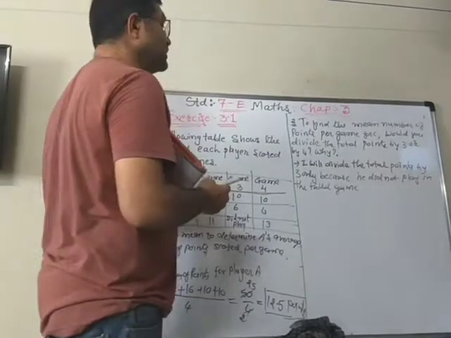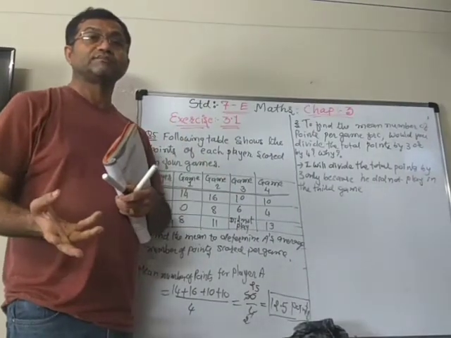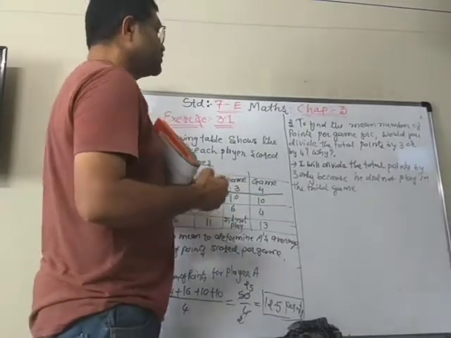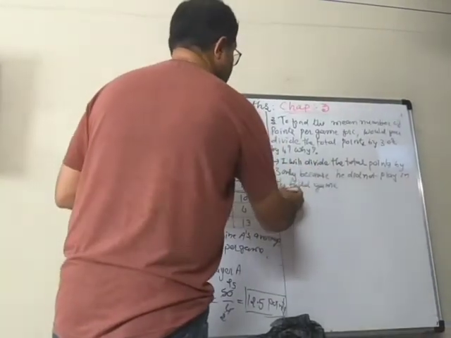So he played only 3 games. So we cannot divide by 4. So we have to divide only by 3.